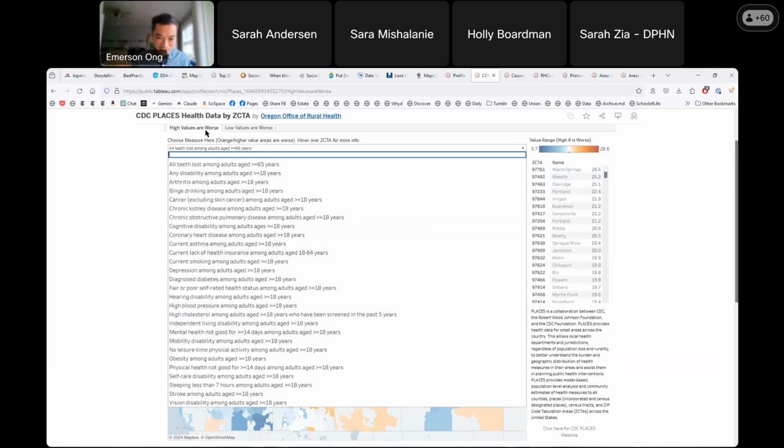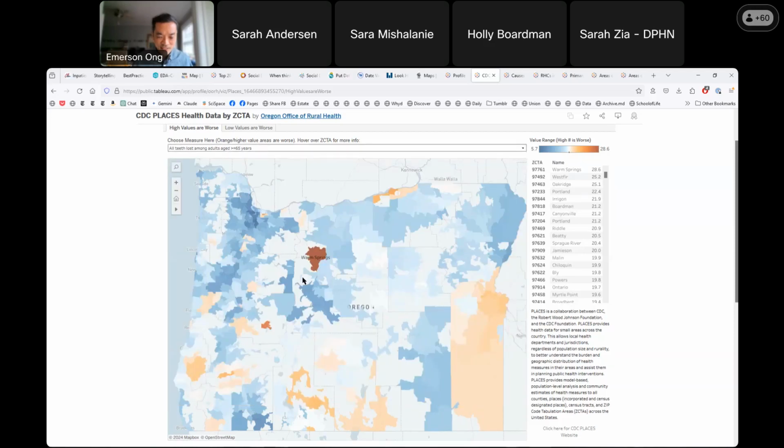I split this out into 2 tabs so that people aren't confused. This tab is where a high value means it's worse, and this tab is where a low value means it's worse. You can just click on any of these. This particular one is all teeth lost among adults aged 65 years and over.